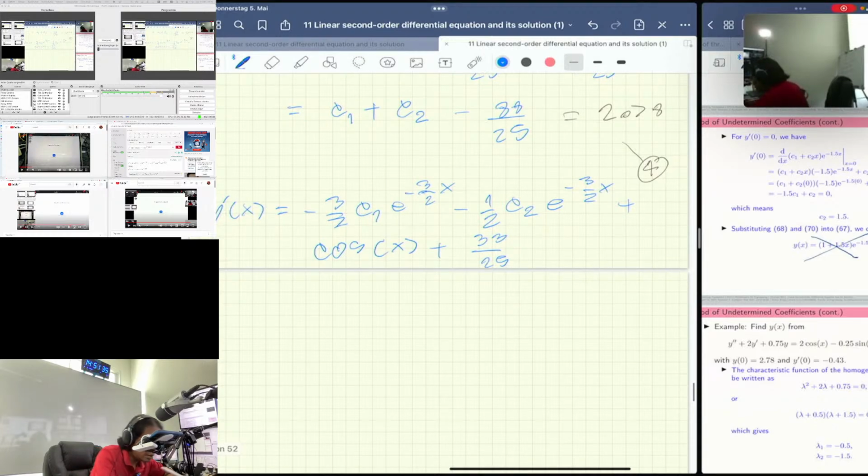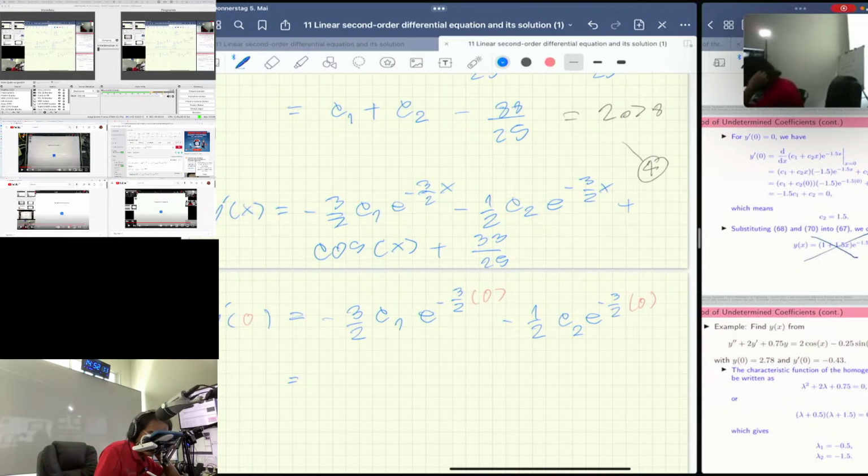Okay, now let's consider y prime 0. Here you have 0, right? Everything 3 by 2 C1 exponential negative 3 by 2, here you have 0. There you get negative 1 by 2 C2 exponential negative 3 by 2, and then 0.